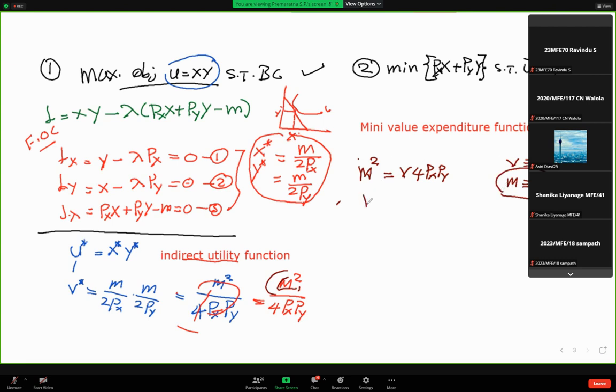So this becomes E. Then what we have? E becomes U, px, py. This function we call the minimum value expenditure function.